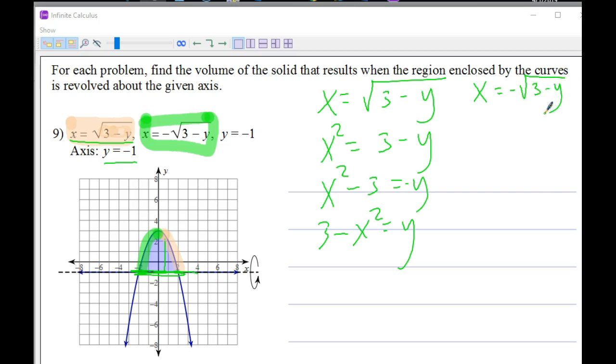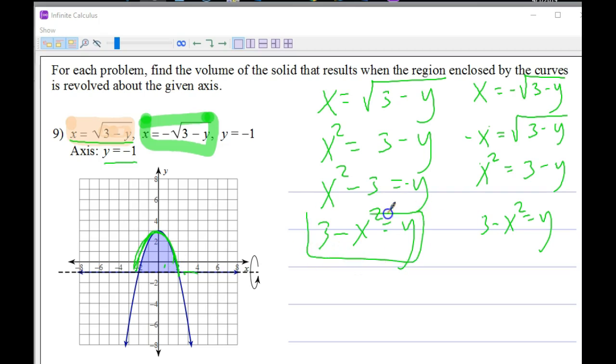If you start by multiplying both sides by -1 to get rid of that negative on the outside, and then you square it, you end up with the same thing, because the negative goes away. So instead of having two curves, you end up with one when you change it back to y. So now I'm looking at only one curve here.